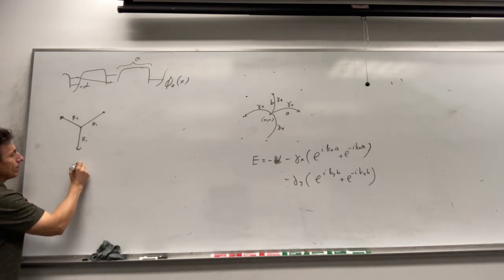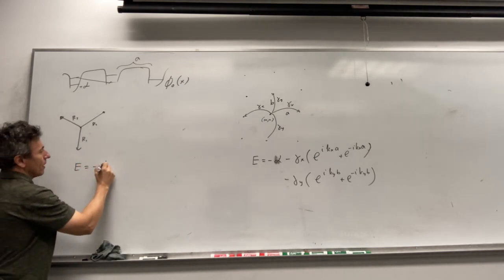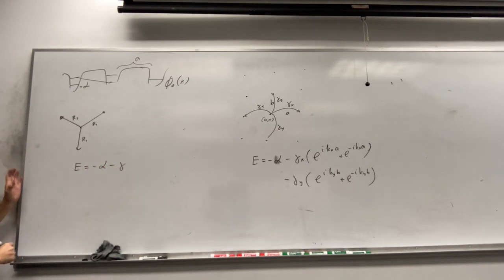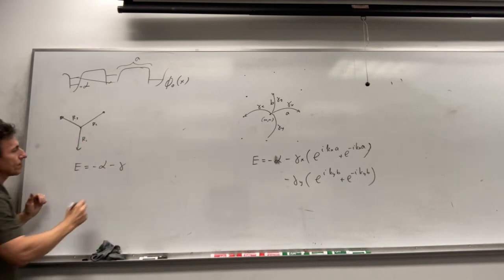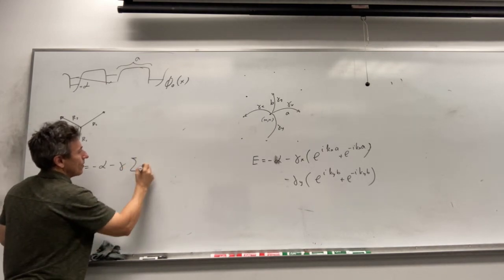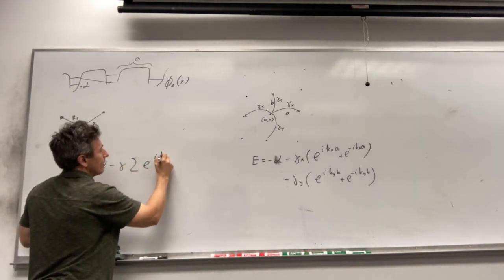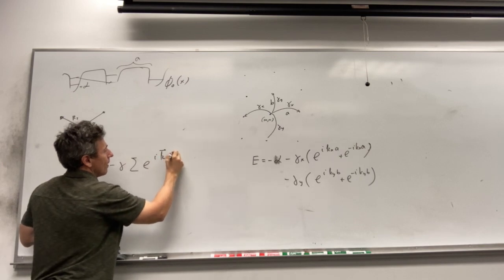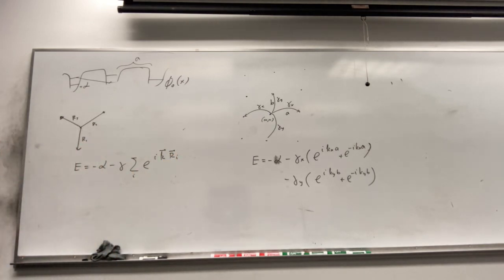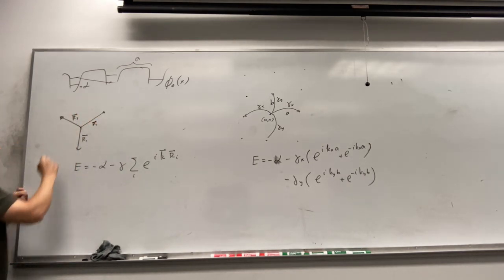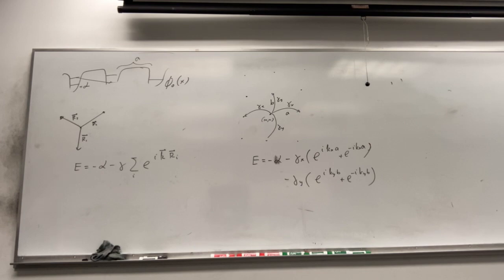Then the energy will have the following form: minus alpha, minus gamma. For example, we have the same tight-binding coupling, the same hopping integral, for all directions. Then it will be the sum of exponent i k dot r_i over the nearest neighbor sites, r1, r2, and r3. And this will be the expression for the energy.